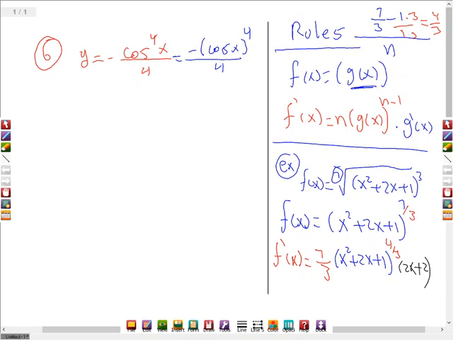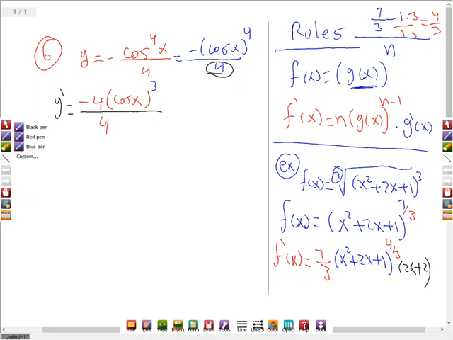Let us apply this rule here. Now I need y prime equals negative. Now again, when you have a constant in the denominator, you don't apply the quotient rule. You leave the constant as is. Don't touch it. Negative, bring down the 4. Leave cosine x as is, and 4 minus 1 is 3. Now the only thing left is to derive the cosine.